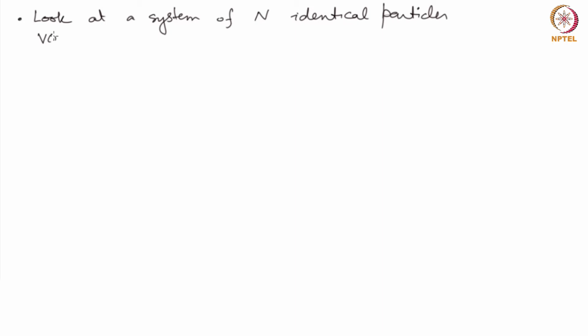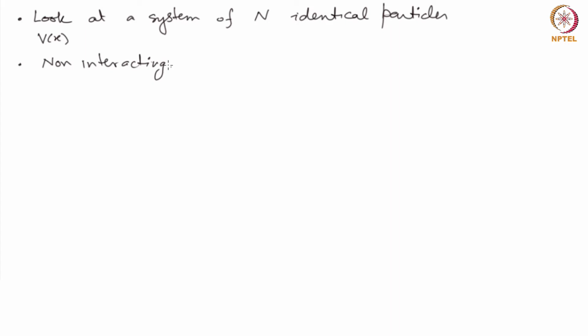You have N particles, they are all identical, they all are in the same potential V of x, and also they are non-interacting. So there is no interaction between these.